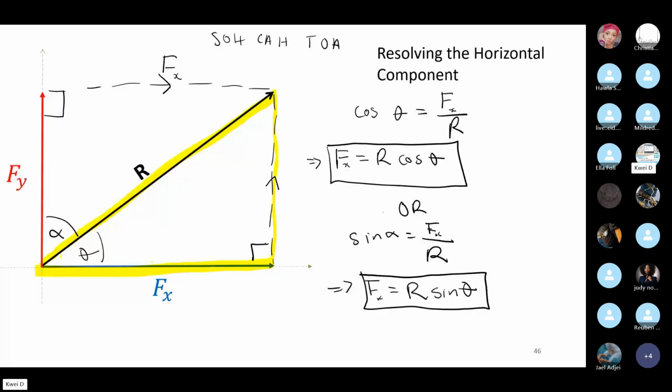Example 1 for today. Find the horizontal and vertical components of the following vectors.